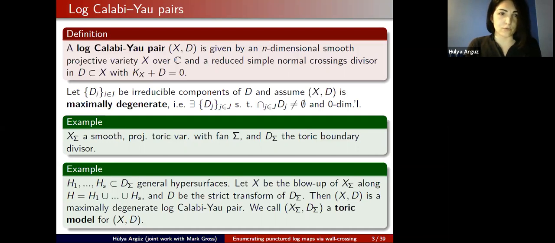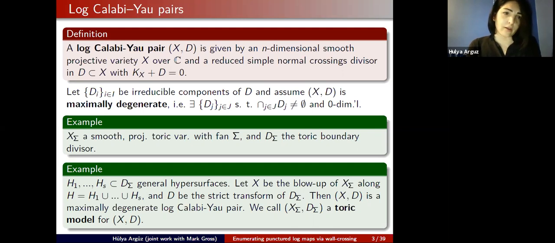And we denote by D_i the irreducible components of D, and we assume that it is maximally degenerate, which means that we assume there's some index set J with some components D_j having non-empty intersection and such that the intersection is zero-dimensional. It in particular imposes that D is not smooth, and it implies that once we talk about tropicalizations, the tropical picture has the correct dimension.